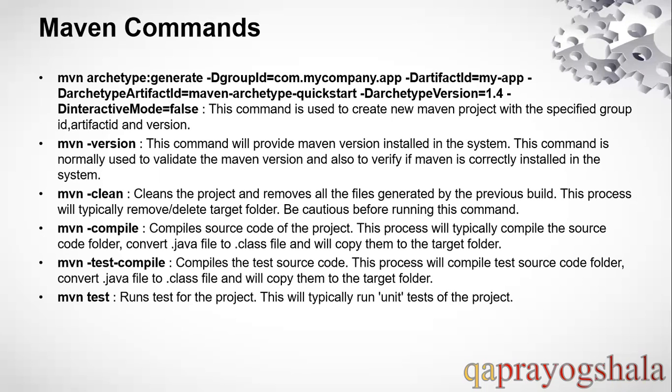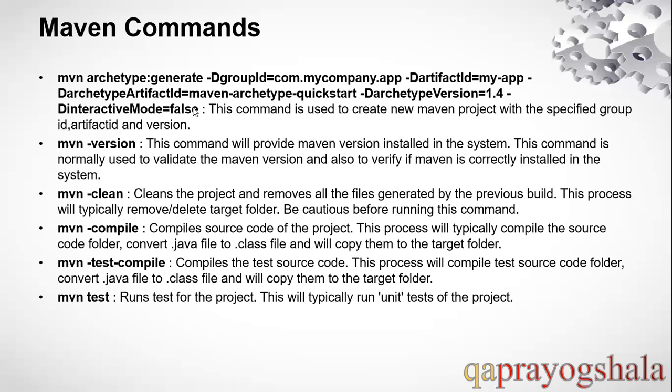So with -DgroupId we can provide the group ID here, then space -DartifactId, where we can provide the artifact ID. Similarly, we can provide the archetype version, and interactive mode false. The moment you type in this command and press enter, it will create a new Maven project.